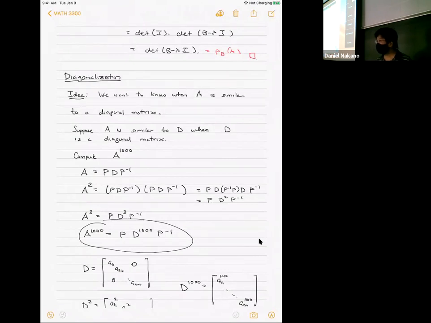Okay. So I have to say what the answer is. You have an n by n matrix, and I want to know when it's similar to a diagonal matrix. So what I'll do is say when it's similar to a diagonal matrix, and then I'll say how to get the decomposition. Okay, and that will answer both questions.